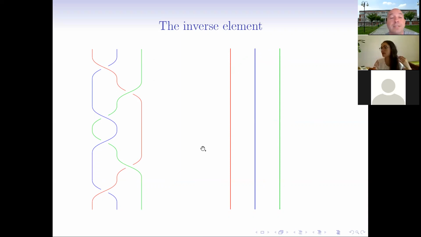But let's assume they are the same length, it doesn't matter anyway. So if we pull out, or do the isotopy, precisely the isotopy procedure in topology, we'll obtain 3 lines, and this is the identity or neutral element in the braid group. It's not always possible. If you do this for some non-trivial braid, we will not get 3 lines. This will be some wrapping or something of that sort.